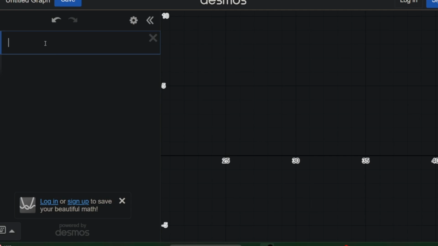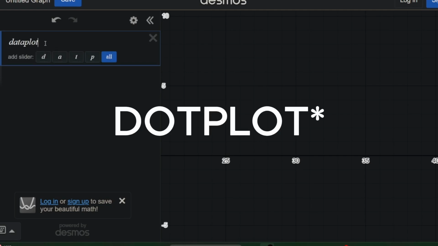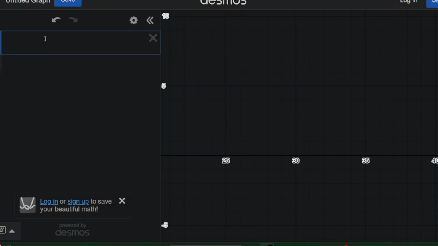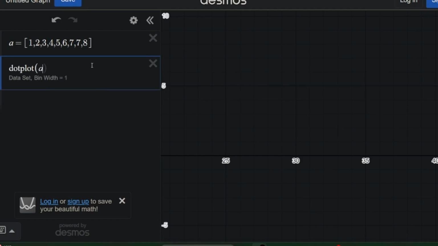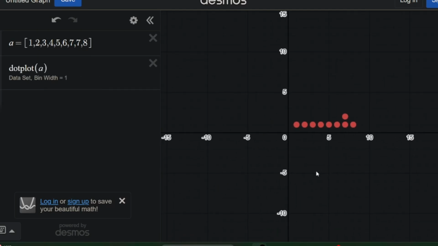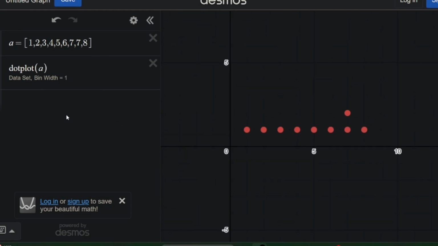And for mode, you're going to use your data plots, right? Now, let's actually use our data plot for something else here. Let's say A this time, and we're going to do 1, 2, 3, 4, 5, 6, 7, 8. Okay. So now we're just going to do dot plot and put in our A. Now let's go back here. Now, how do you find range, right?